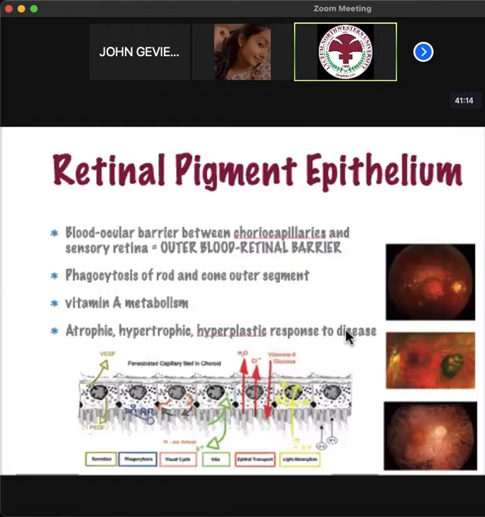It heals and forms scar tissue, and it maintains the subretinal space. It maintains the dehydrated state of the subretinal space. Normally, there should be no fluid in there, so that's the function of the RPE.